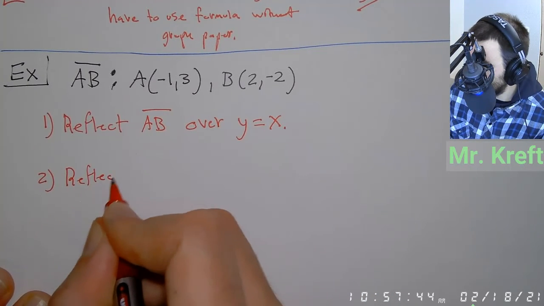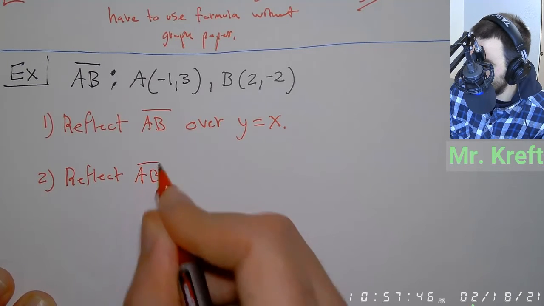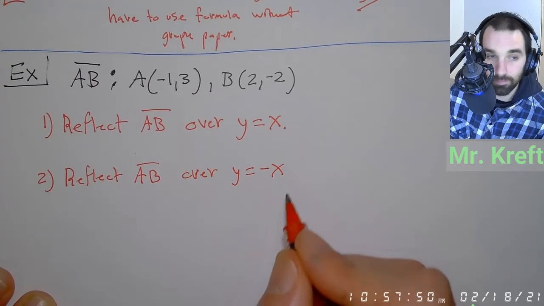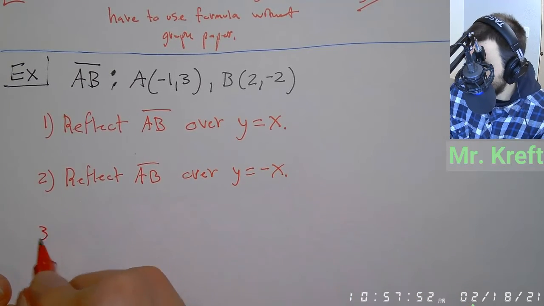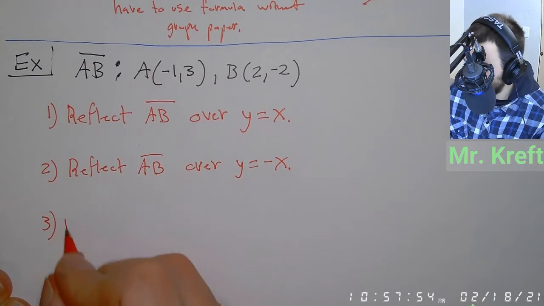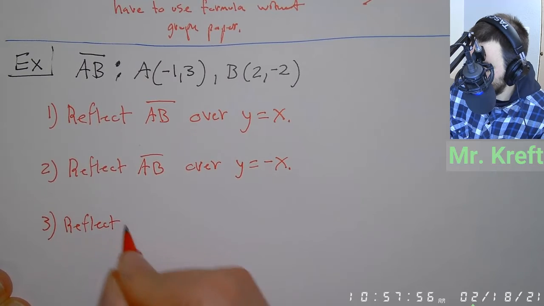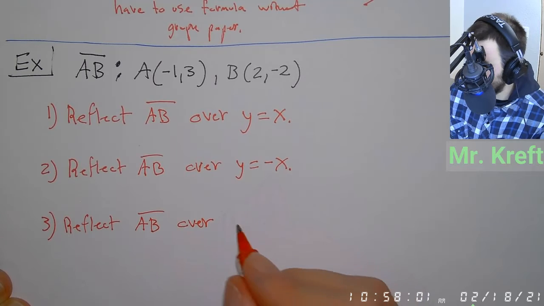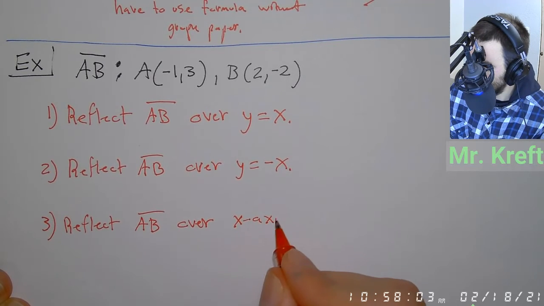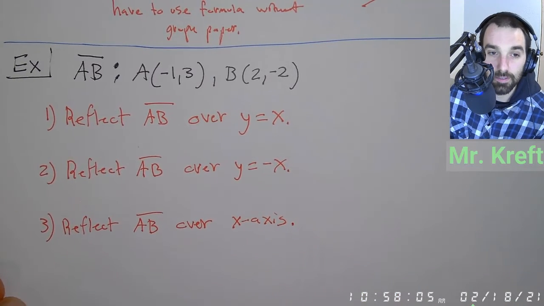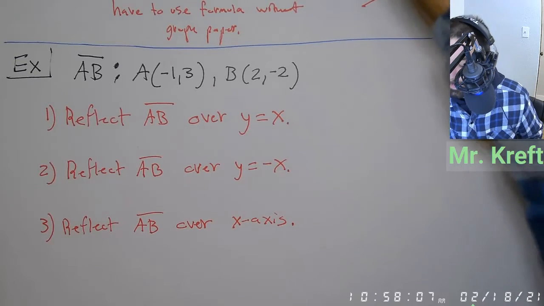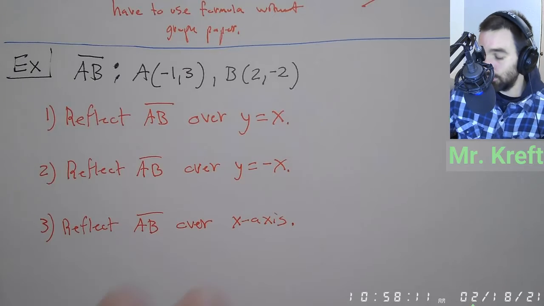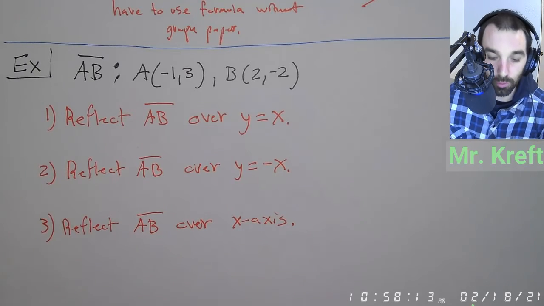We're going to reflect segment AB over y equals -x. And just because we can, we're going to reflect segment AB over the x-axis. Okay, and this is just to show you how the formulas work.